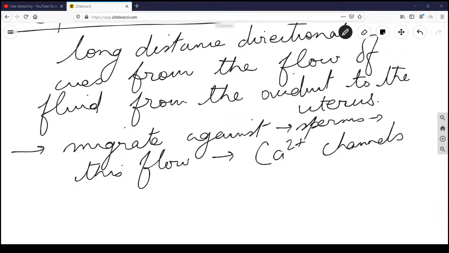They decide the direction of their movement. Such specificity is only found in sperms, that calcium can not only cause induction of the slow block to polyspermy, but also decide which way the sperm will travel.